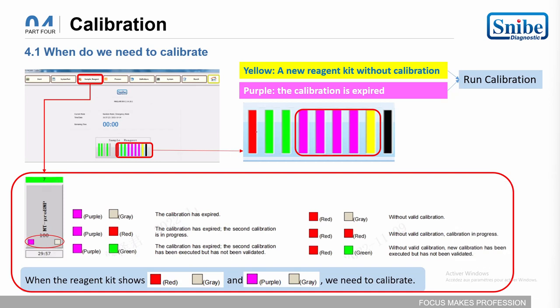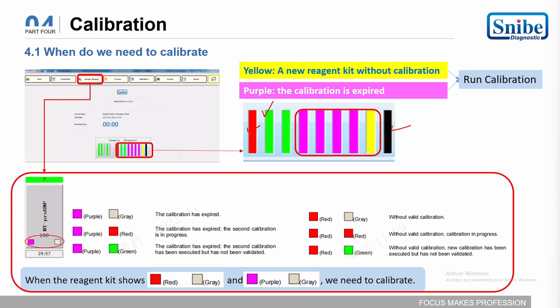The red means not recognized and the black means expired. The green means that the reagent is recognized and calibrated, and everything is okay and ready to use.